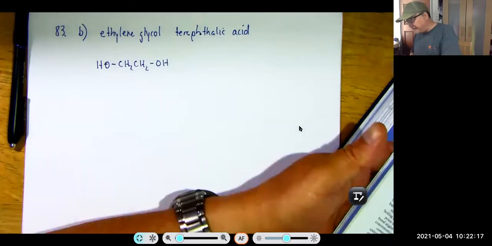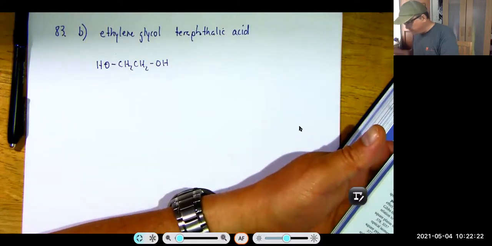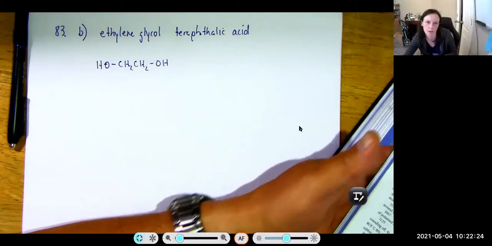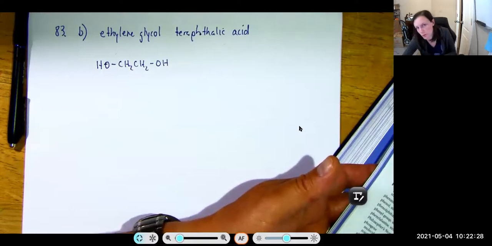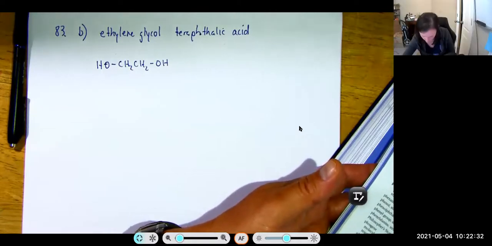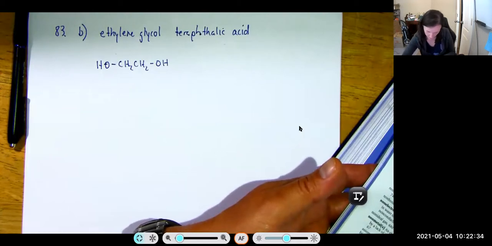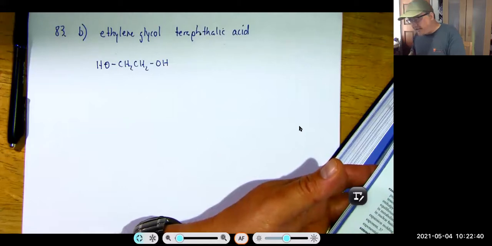So in our index, let's find out what it says about ethylene glycol, okay? All right. Sounds like it's going to be an alkene, the name makes it sound that way, but it's not, because it's a common name. So ethylene glycol is on page 1083.